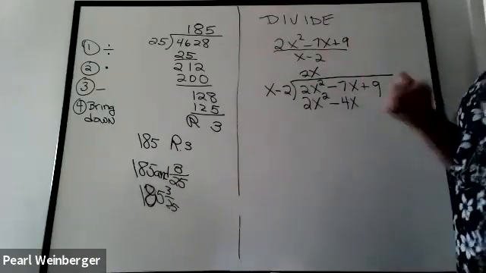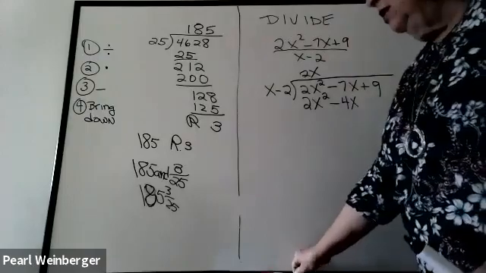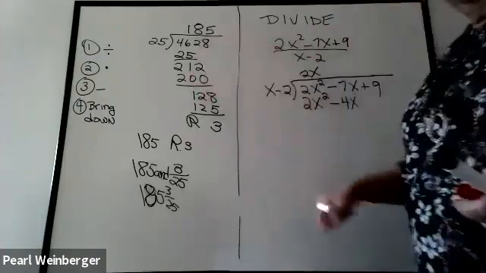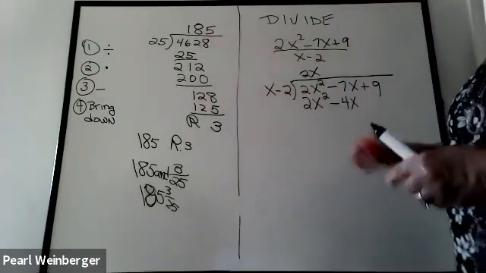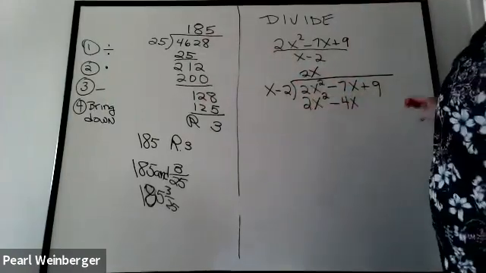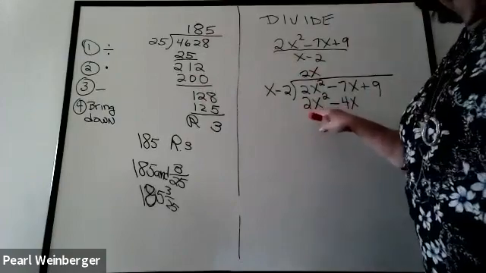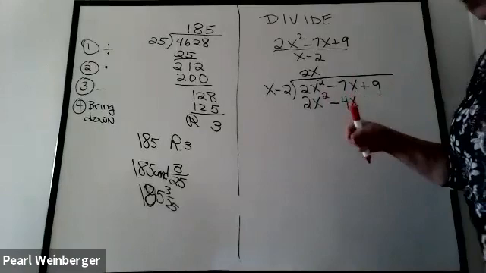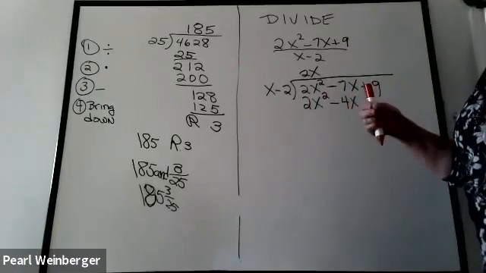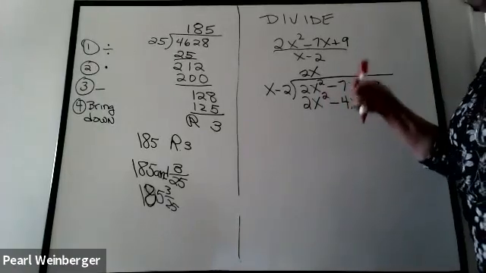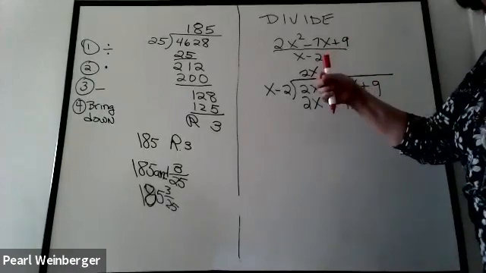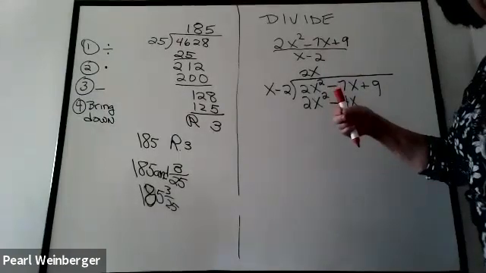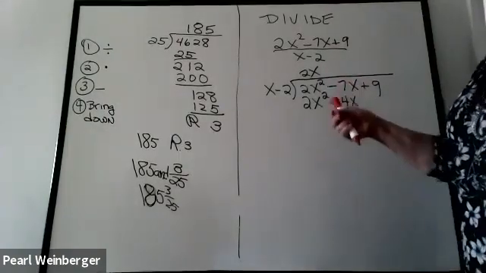Okay, my third step is to subtract. Now, when we're subtracting over here, this is just regular arithmetic subtraction. But over here, we're really subtracting using algebra. So I want to use the rules of algebra when I subtract. And remember what the rules of algebra tell us. When you want to subtract, just change the sign of the thing that you're subtracting, and then you can just add.